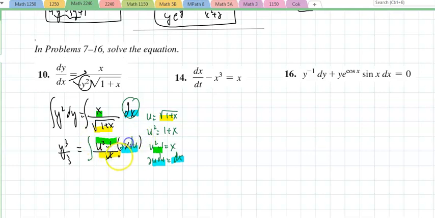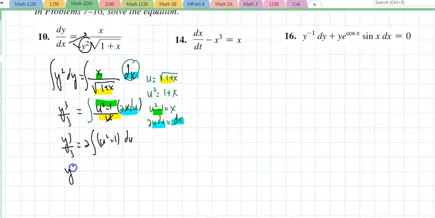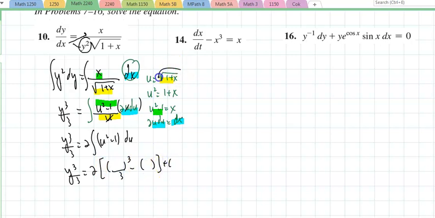So those u's cancel out. I'm getting y cubed divided by 3 equals twice the integral of u squared minus 1 du. I'm getting y cubed over 3 equaling twice, wouldn't that be u cubed over 3 minus u plus c? What's u? u is the square root of 1 plus x.